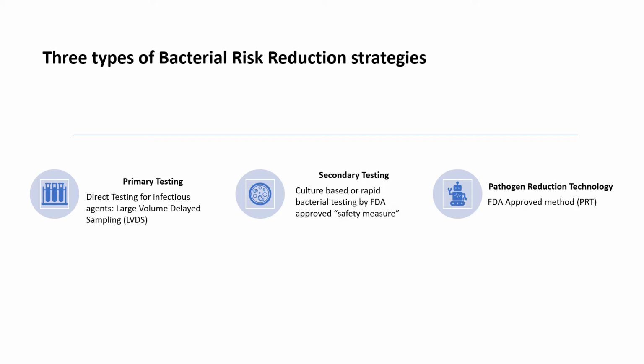The following strategies were introduced. Primary testing using large volume delayed sampling technique, or LVDs. Secondary testing by culture or bacterial detection by an FDA-approved rapid test, and the use of pathogen reduction technology, or PRT.